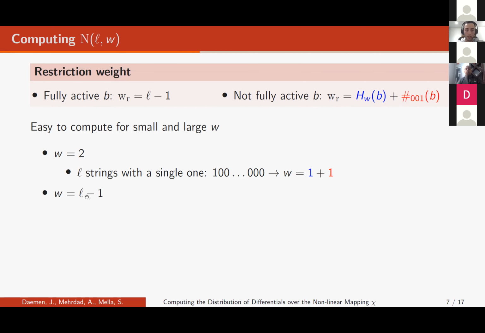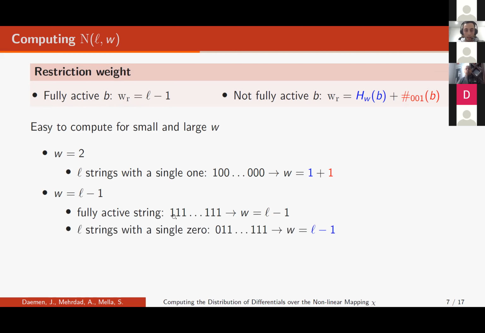Or for a large weight like L-1, we can say that L-1 is equal to this one. You can have the restriction weight equal to L-1 if it is fully active. Or it can be like this: the Hamming weight is equal to L-1 and you don't have any 001 string, so you have only a single 0 in the string.